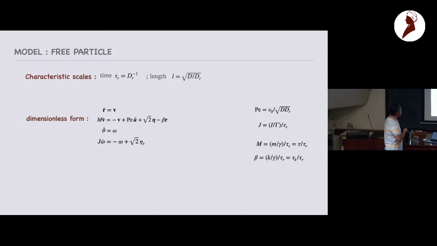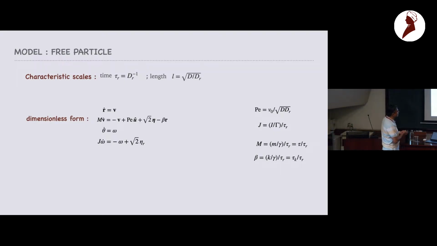So we use these characteristic time scales, the persistence time, and the characteristic length scale, which can come from the translational diffusivity and rotational diffusivity. Rotational diffusivity basically gives you the persistence time, the inverse of that. So this is the generic set of equations you can write down. I can have an external harmonic trap, and for a harmonic trap I can perform analytic calculations.